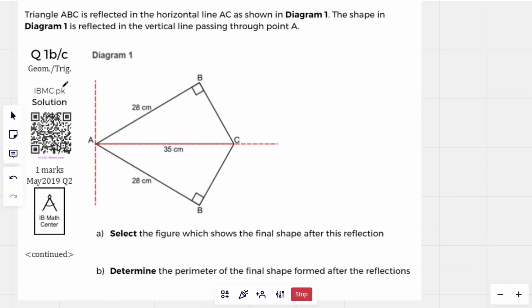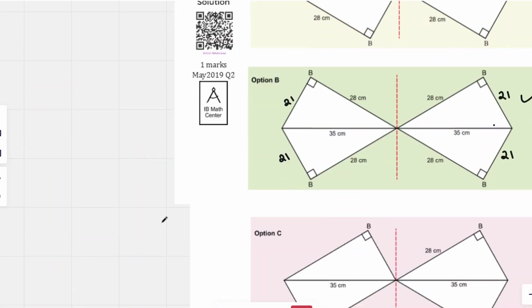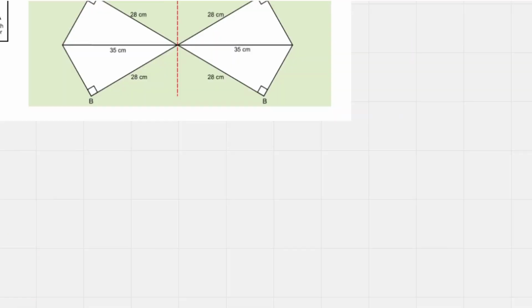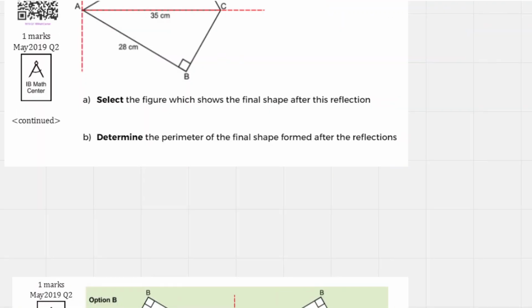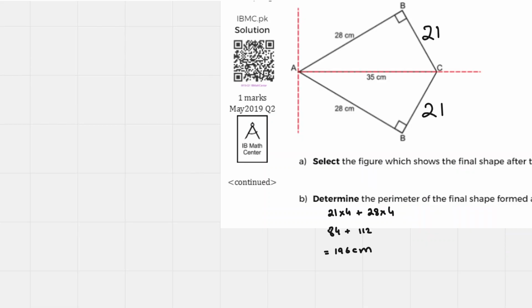This is question number 1, part B and C of the Geometry and Trigonometry booklet that's been dedicated to MYP e-assessment topical series. For those of you who are here for the answer to this question, the answer to part A is option B, and the answer to part B, which is what is the perimeter of the final shape formed, is 196, if I'm not mistaken.